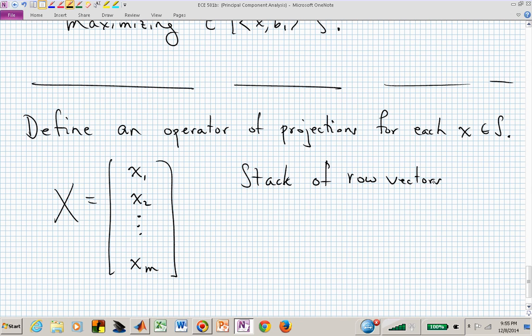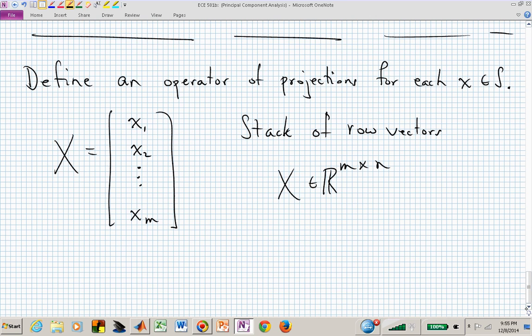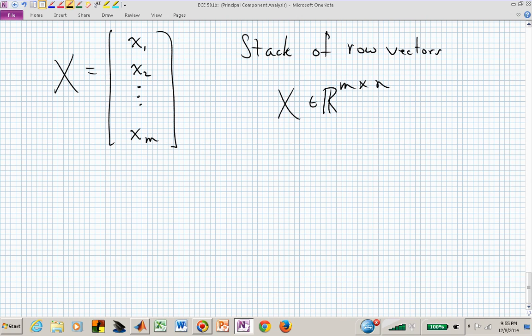of row vectors, and X is going to be m tall and n columns wide, meaning the data points in each of these vectors, represented by x sub 1, x sub 2, etc., we have little n data points in each of those.